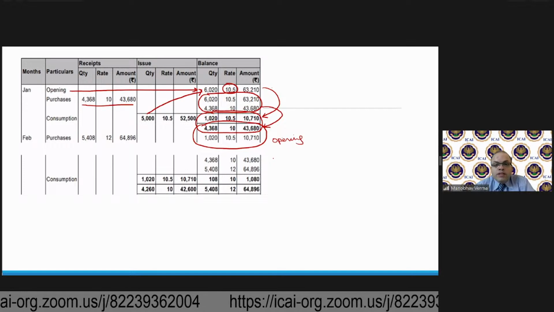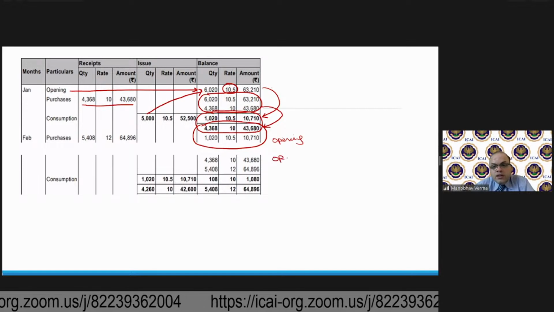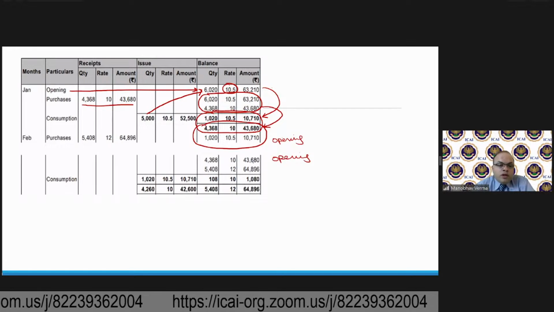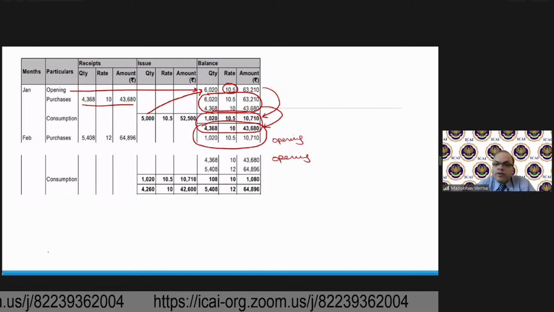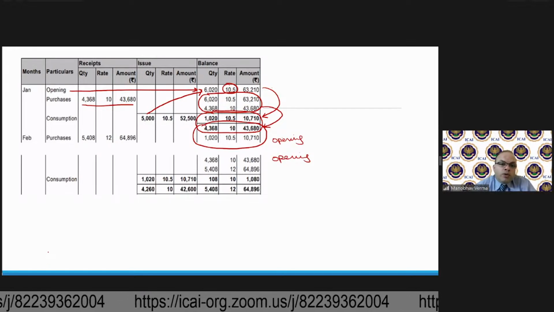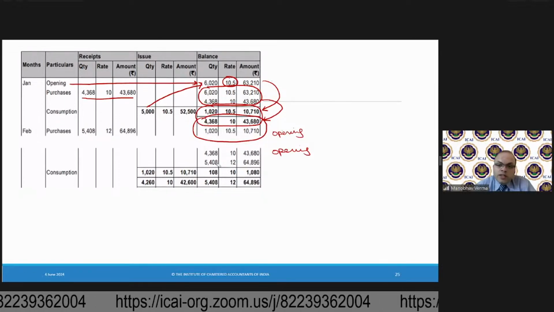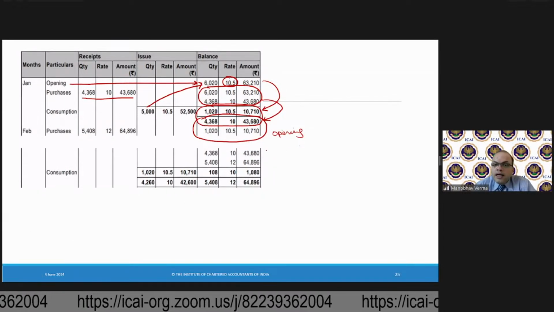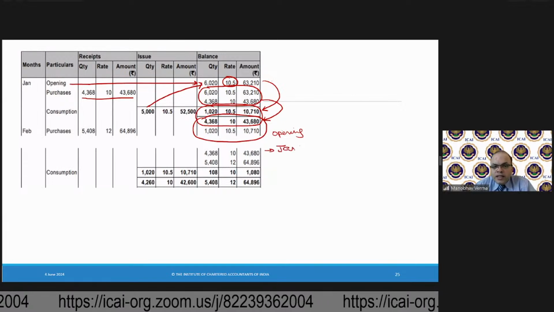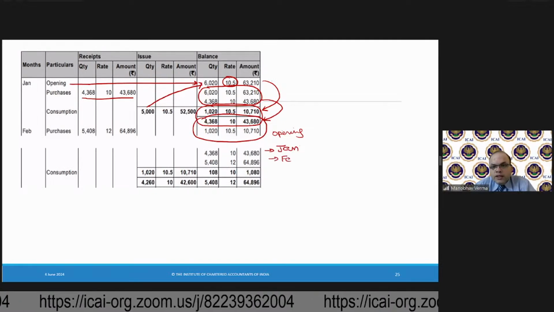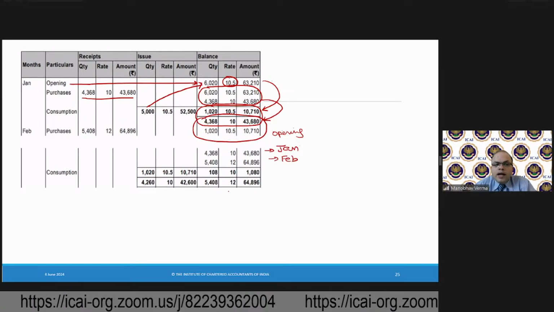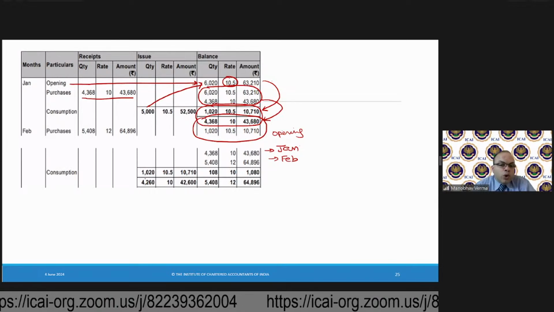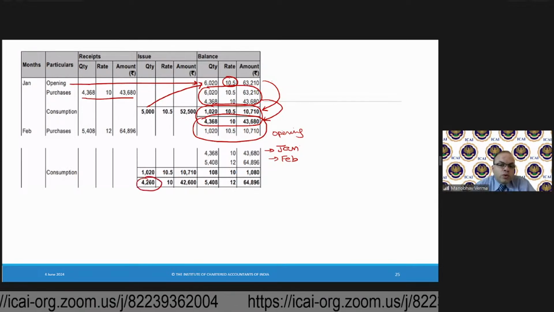We are talking about the purchases of January here, 4368, and then the fresh purchases. Let me mark this: this is my Jan, this is my Feb. In the month of February, we are looking at a consumption of 4260.